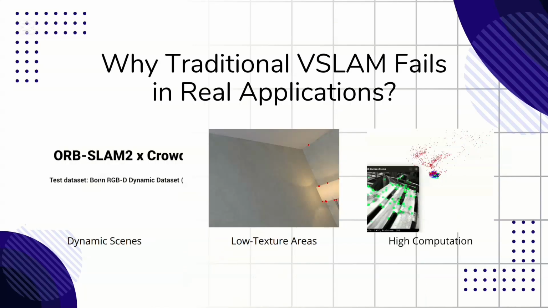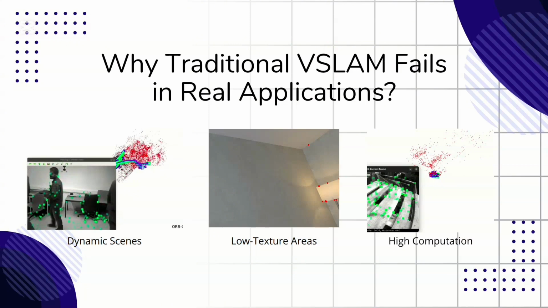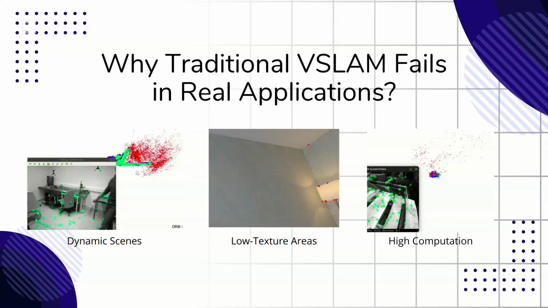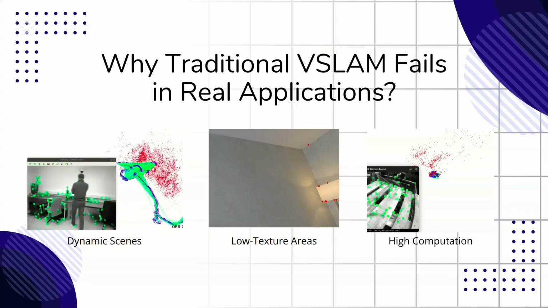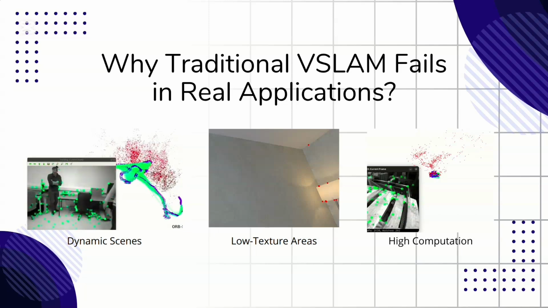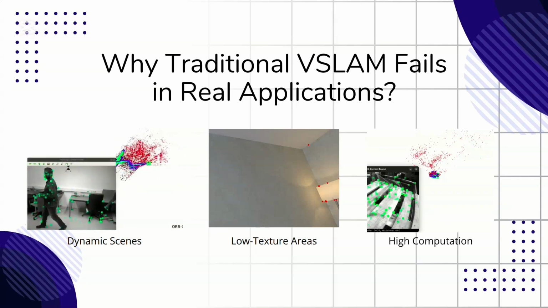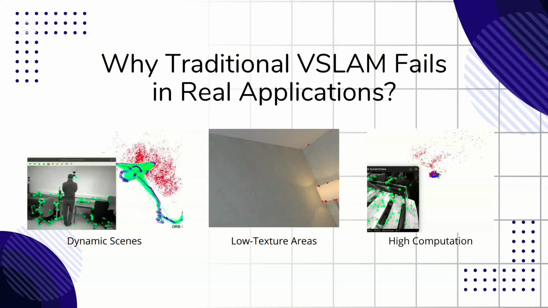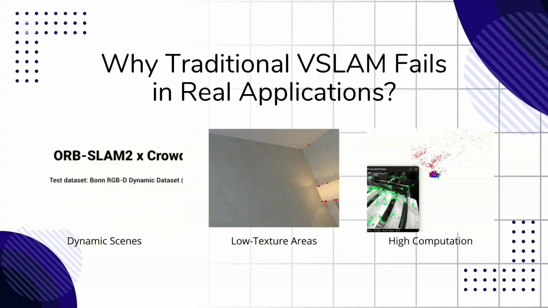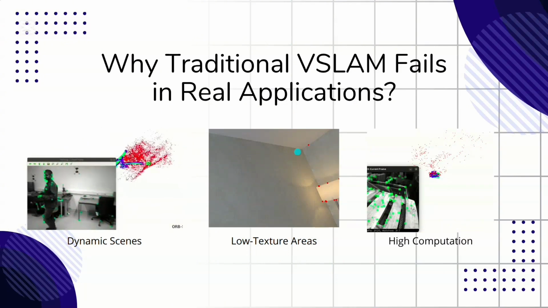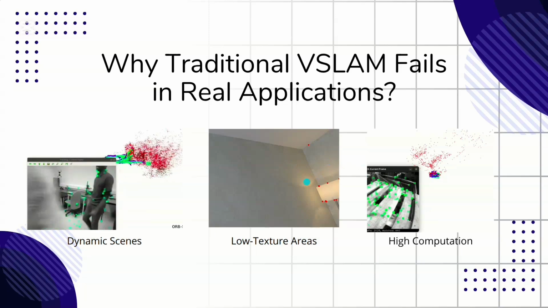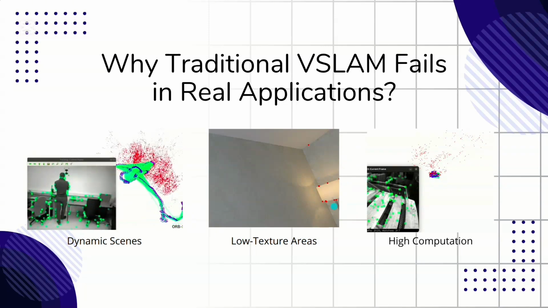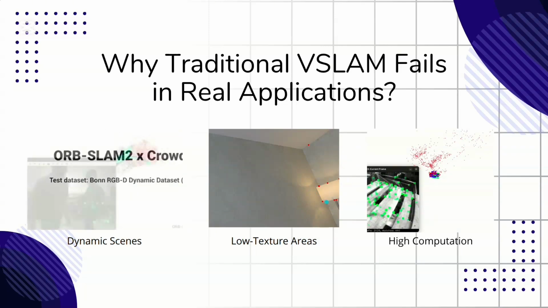When it comes to VisualSLAM, we have some inherent problems. VisualSLAM tends to perform poorly in dynamic environments, when there are a lot of moving people, in low textured areas, and most of the time in unseen environments that are not planned for.